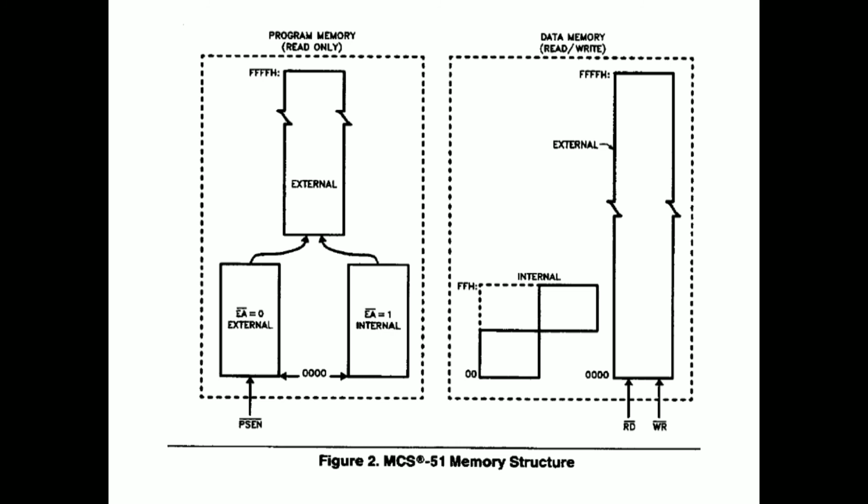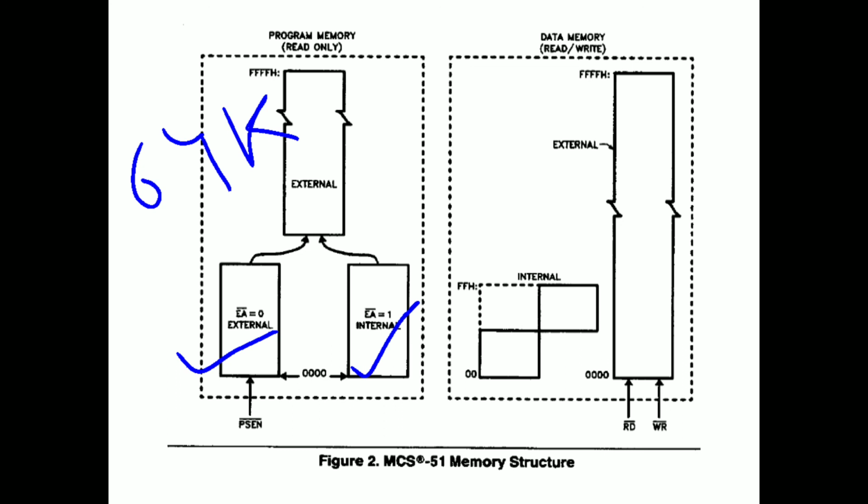They make it possible to access the external memories. If the EA bar pin is connected to 0, then we can use external memories. If it is connected to 1, then we can use internal memory. So in total, internal and external memory, we can access up to 64K.